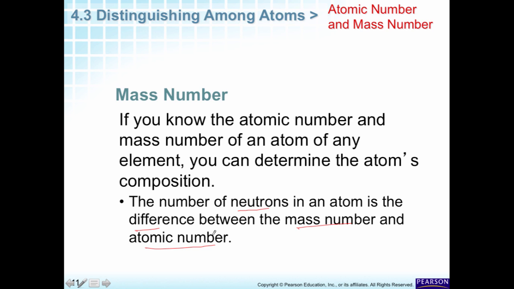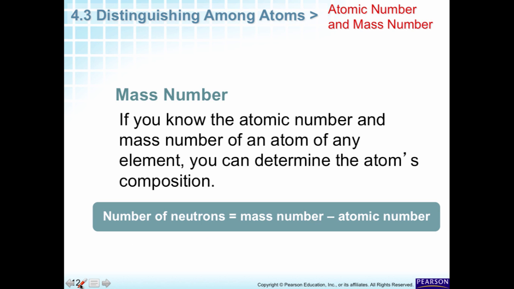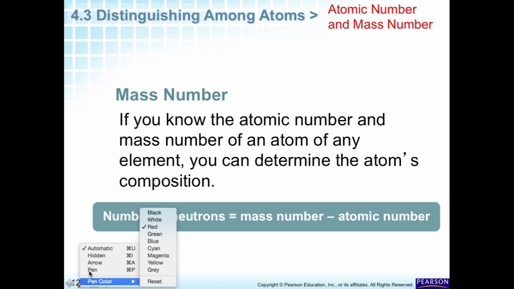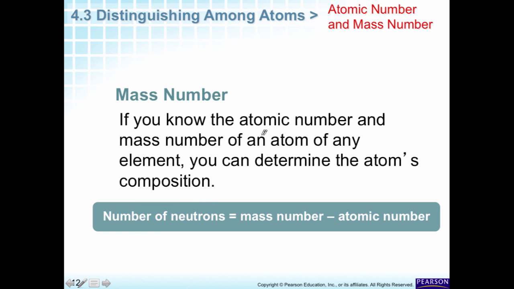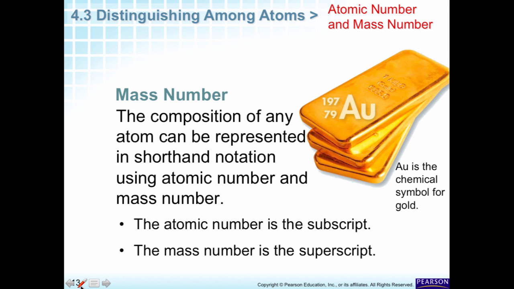What does the atomic number give you? You should know that. So there's the calculation. Number of neutrons equals mass number minus atomic number. Also, once you know the atomic number, you know the number of protons and electrons.